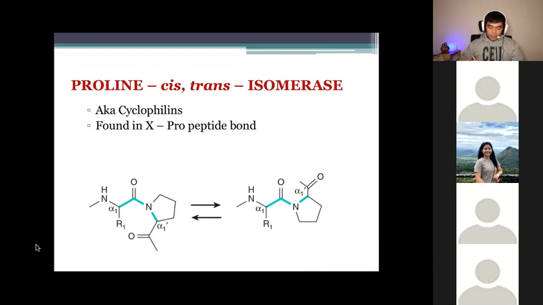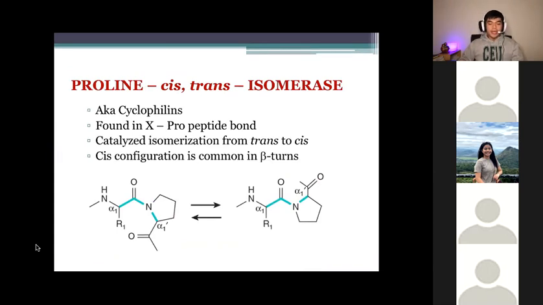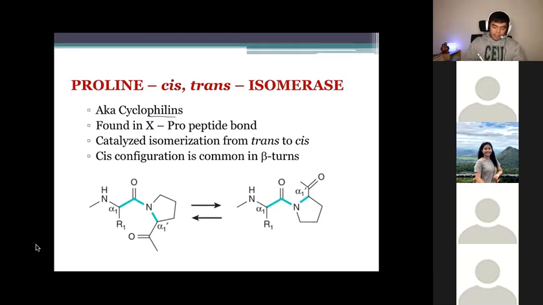Okay? Next, we also have proline cis-trans isomerases. So these enzymes are also known as cyclophilins. And these actually target the polypeptide na may X-pro peptide bond. Anong meaning ng X-pro?